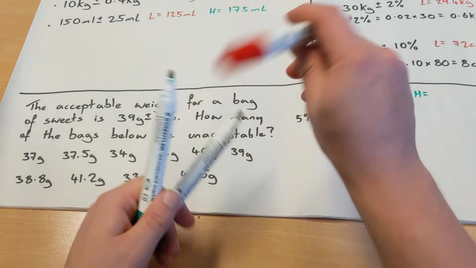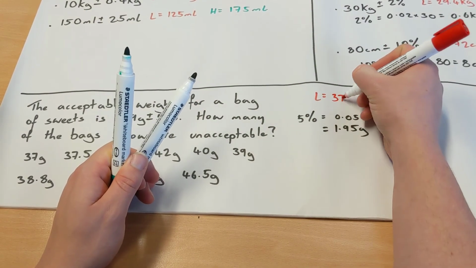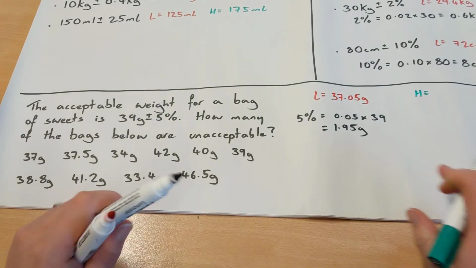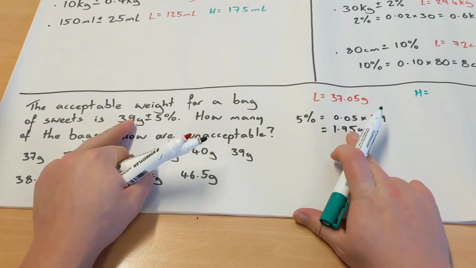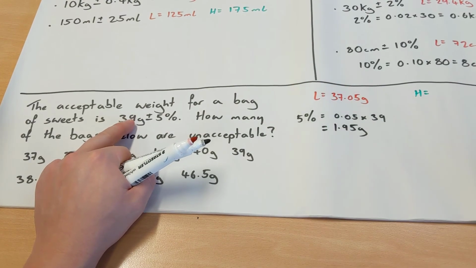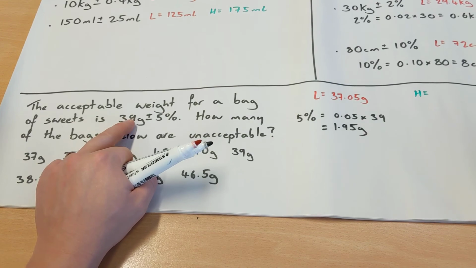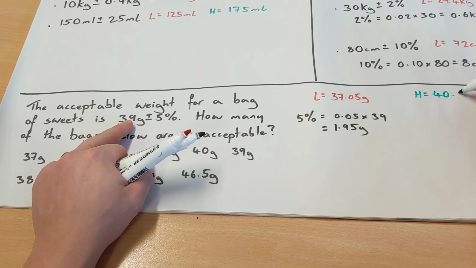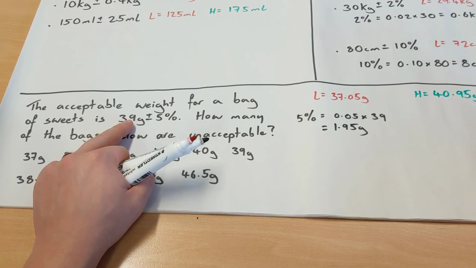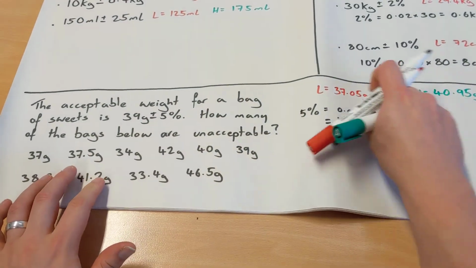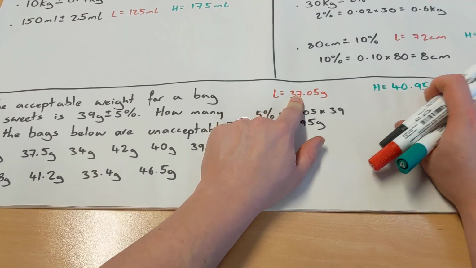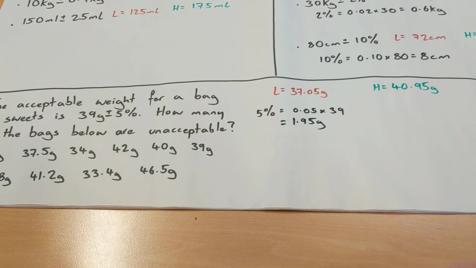So our lowest acceptable is 37.05 grams. Then our highest is going to be 39 plus this. So 39 plus 1.95 equals 40.95 grams. So if any of these are outside this range, not between 37.05 and 40.95, they're unacceptable.